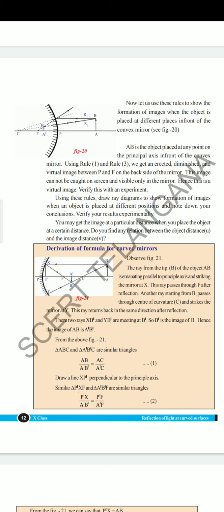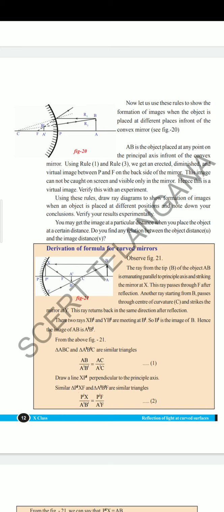Using rule 1 and rule 3, we get an erect, diminished and virtual image between P and F on the backside of the mirror. This image cannot be caught on the screen and is visible only in the mirror. Hence, this is a virtual image.